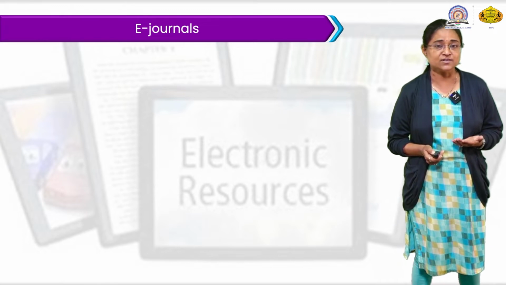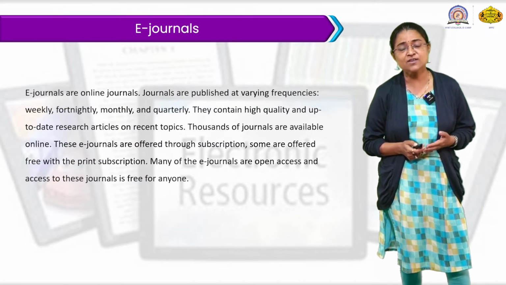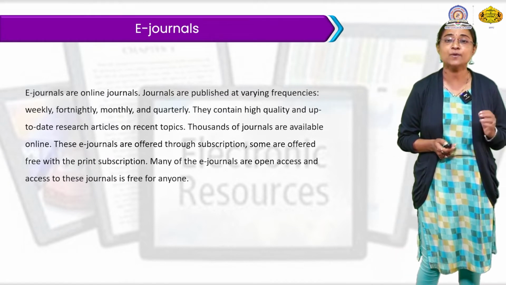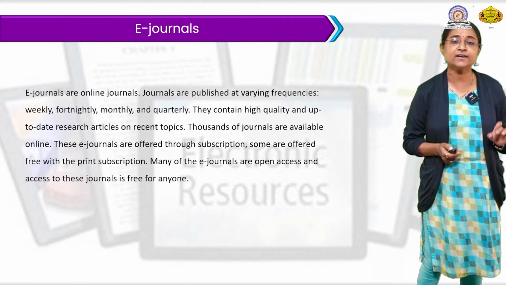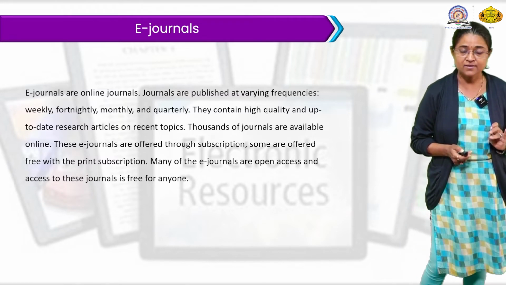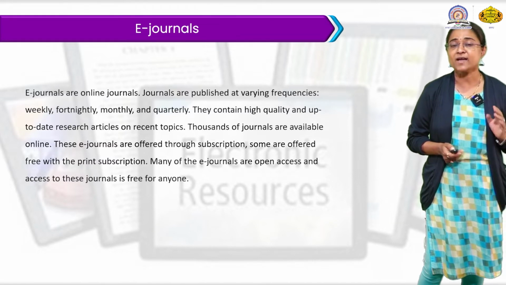Now comes the e-journals. What are e-journals? E-journals are online journals. Journals are published at varying frequencies, that is weekly, fortnightly, monthly and quarterly. You know periodicals, you know magazines.